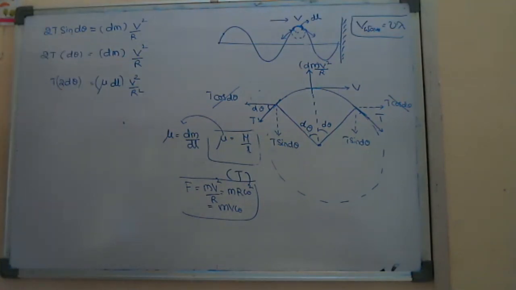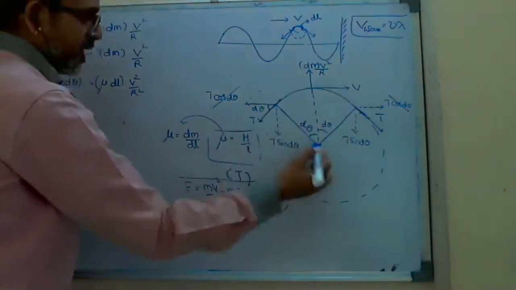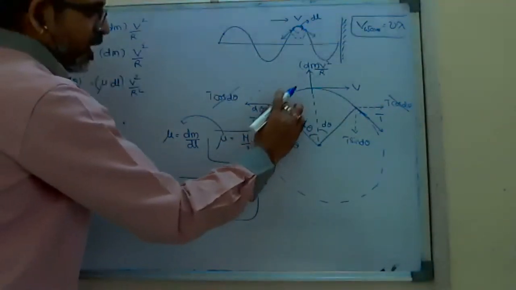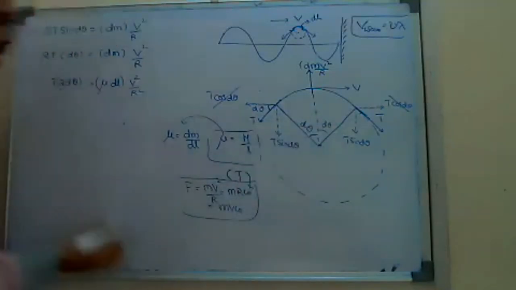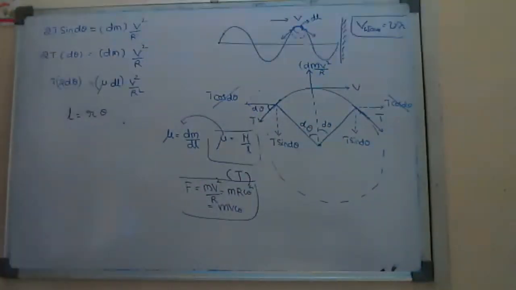Okay. Why? Because here, look, it appears like a sector now. The sector principle is that the length of an arc is equal to r into the angle of the sector. I think you know that sector principle, L is equal to r theta, in mathematics.